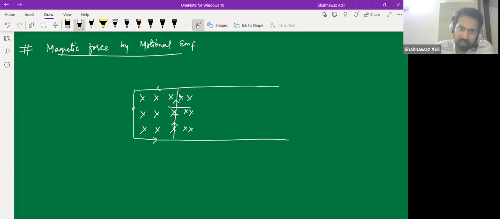So this is a wire, right? Let's say this is AB wire. Current is flowing in this direction. Magnetic field is inside. So what is the direction of magnetic force on this wire?